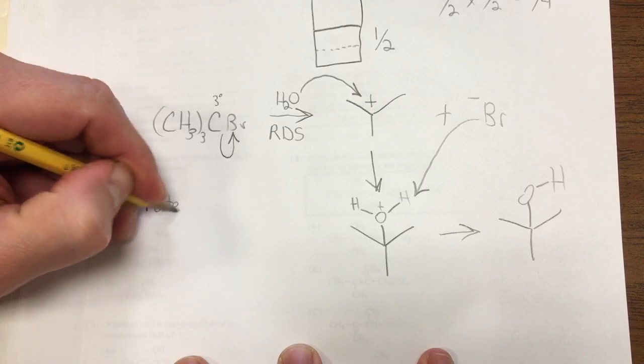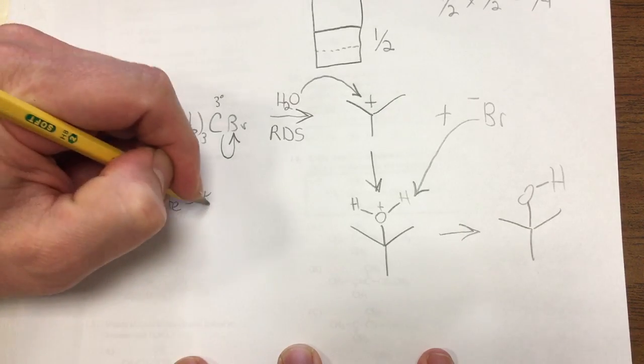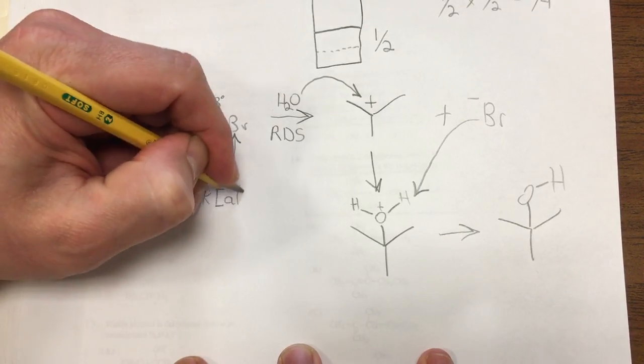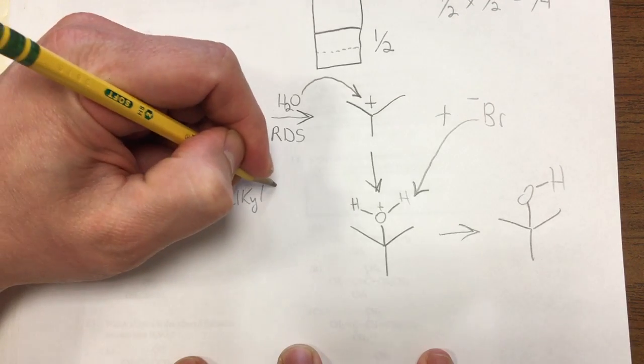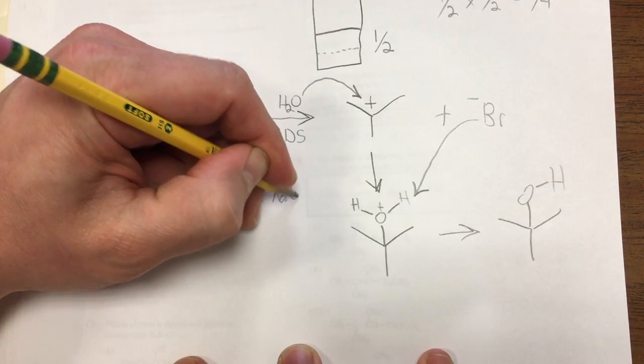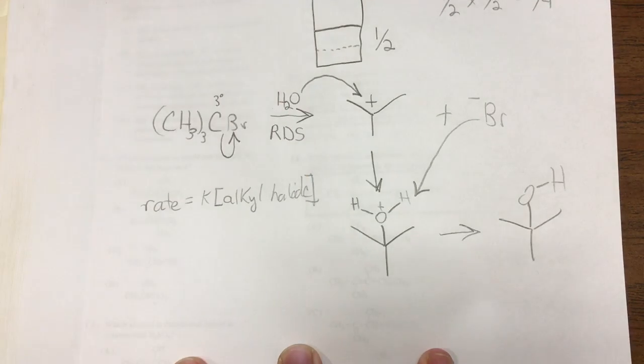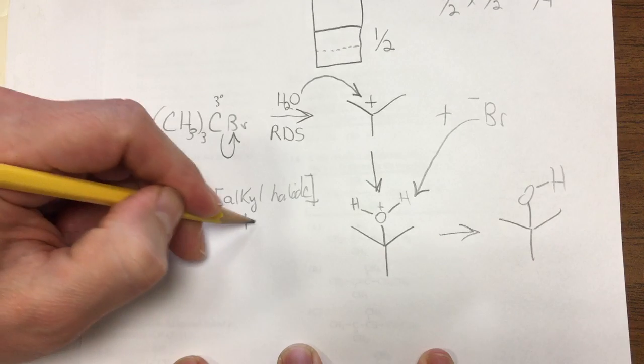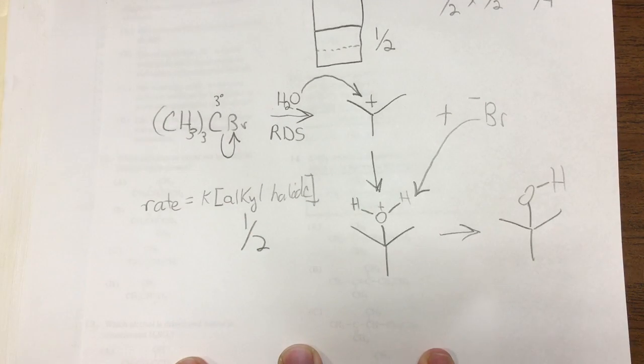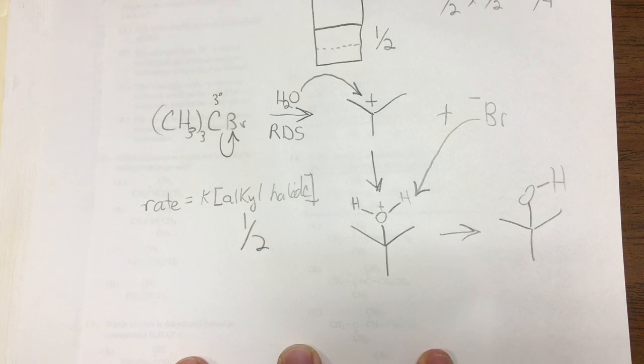So the rate equation here, if I remember correctly, is only dependent on the alkyl halide, the concentration of the alkyl halide that was added. So if we double that volume, the concentration goes down by 1/2 because we're diluting it twofold.